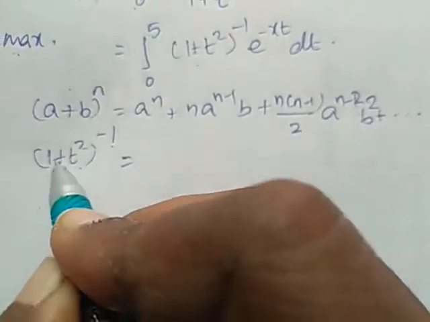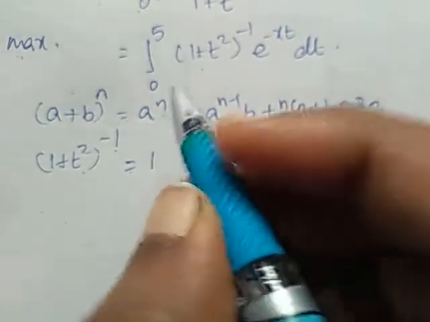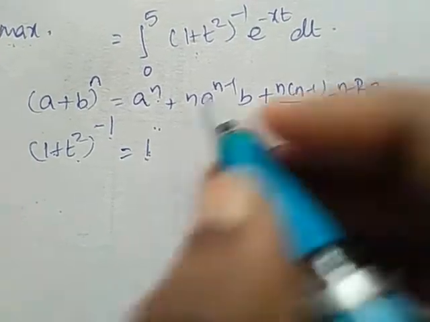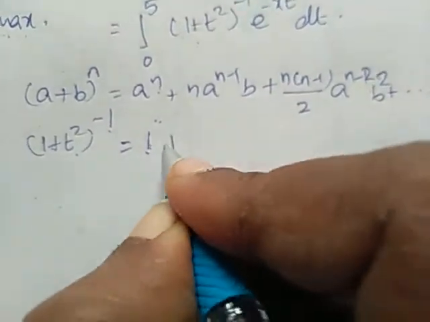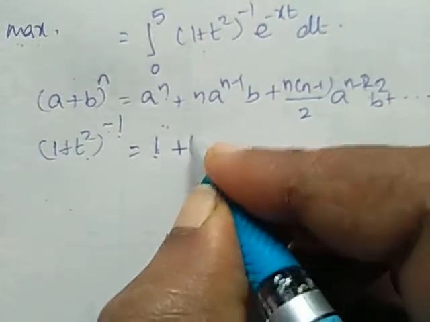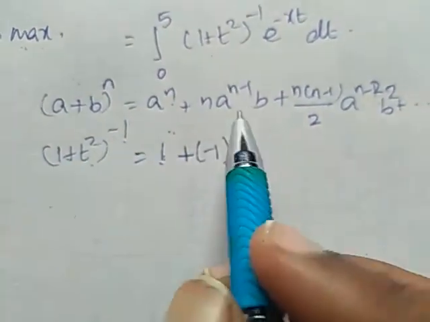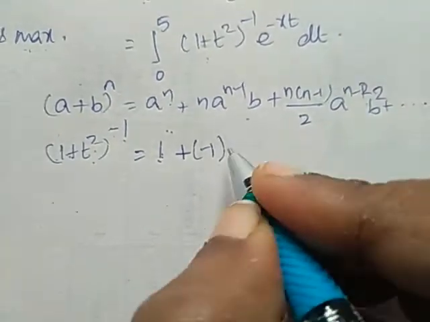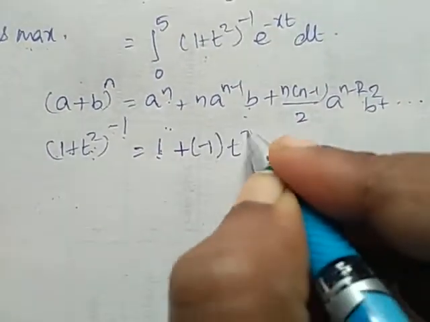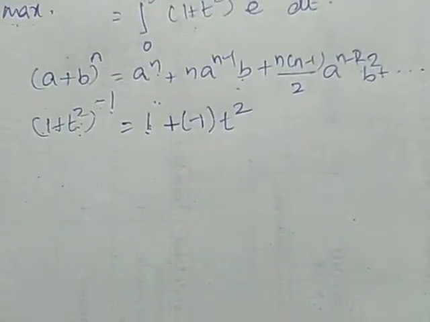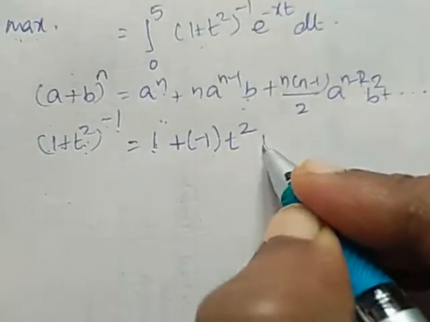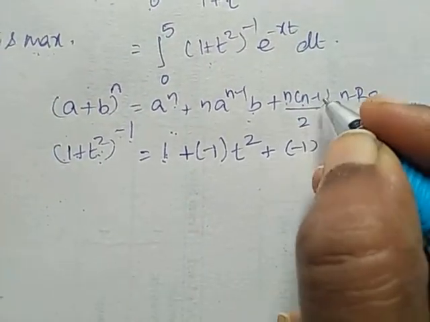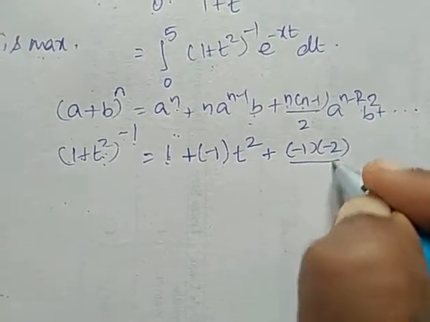So what is a? 1 power n. Anything to the power n, 1 to the power n, is 1 itself. So this remains as it is, plus what is the value of n? Minus 1. What is a? 1 to the power n minus 1 again. B is t square, so it is t square. Next one is n into (n minus 1), that is minus 1 into minus 2, divided by 2.